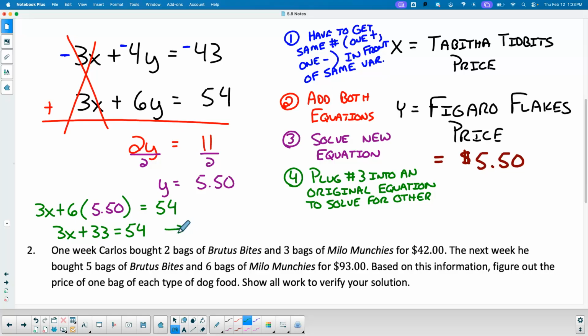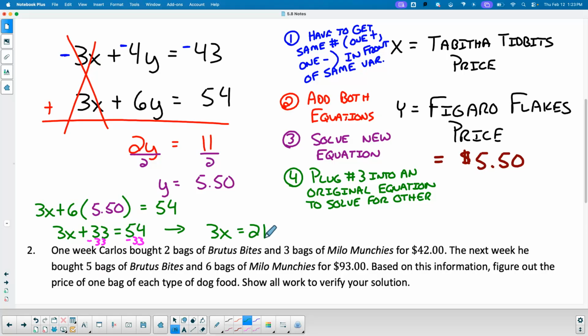What would you do for 3x plus 33 equals 54? Minus 33 on both sides? That's going to give me 3x equals how much? 21. Still got to solve.